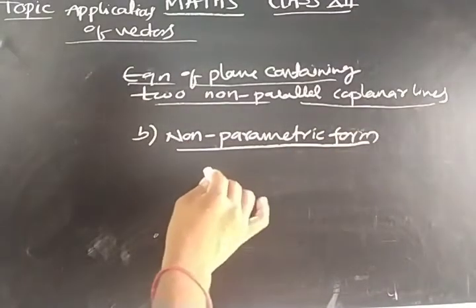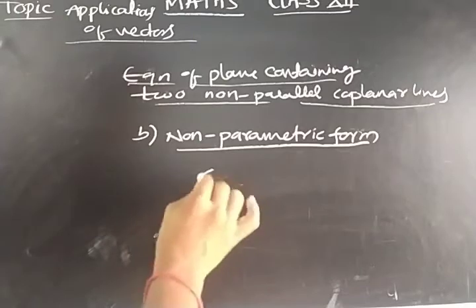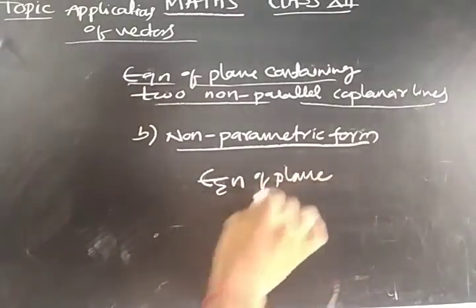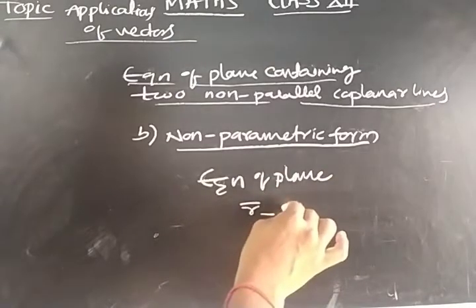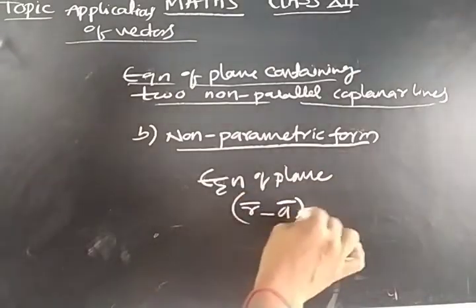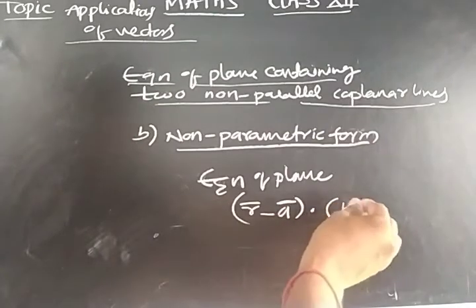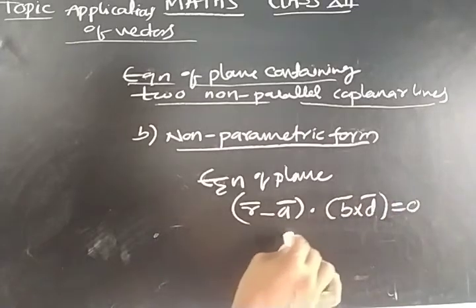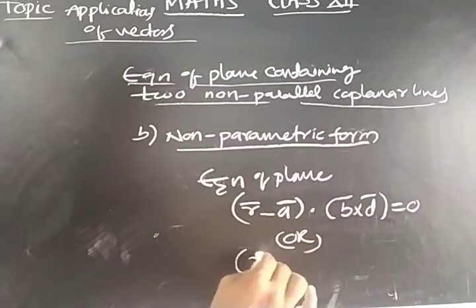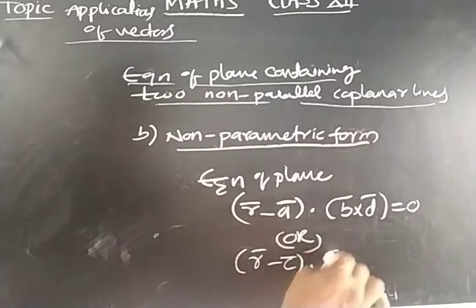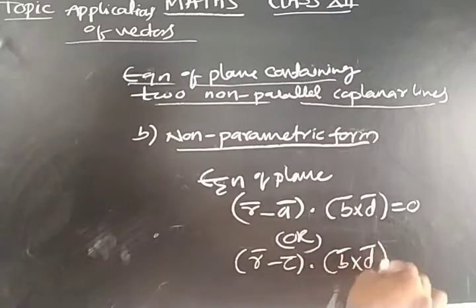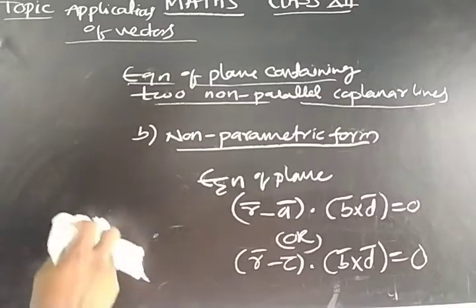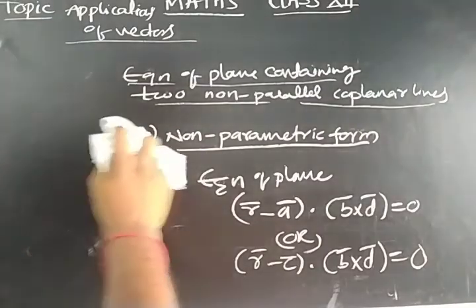So the equation of the plane containing the two lines is r bar minus a bar dot b bar cross d bar equal to 0, or in place of a bar you can take c bar also. This is the non-parametric form of the plane equation containing two non-parallel coplanar lines.